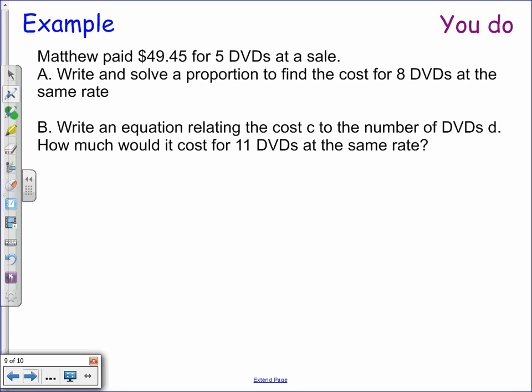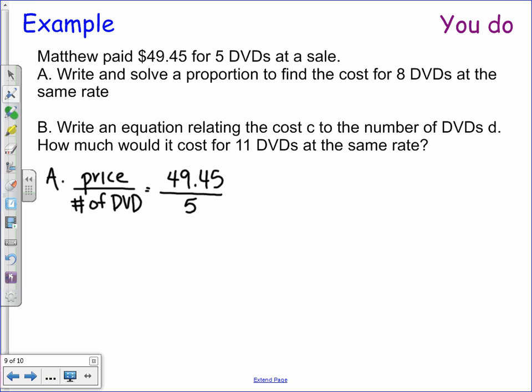All right, so for A, we're going to compare the price to the number of DVDs. So the price is $49.45 for 5 DVDs. And I'm trying to find the price of 8.